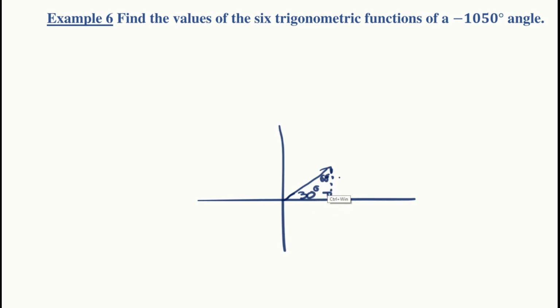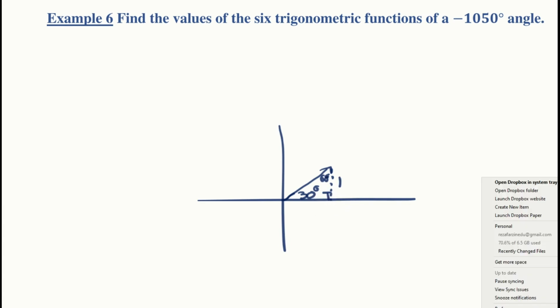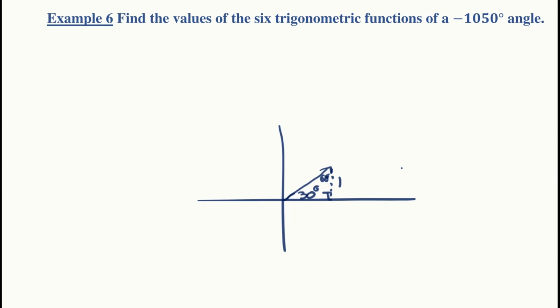So you know opposite 30 will be 1, opposite the 60 will be square root of 3, and opposite the 90 will be 2. And then you can just go to work and find all your ratios. You don't really have to even do any adjustment of the signs, because it's all positive, right? You're in the first quadrant. Very, very simple scenario. And that's how you would approach something like that.